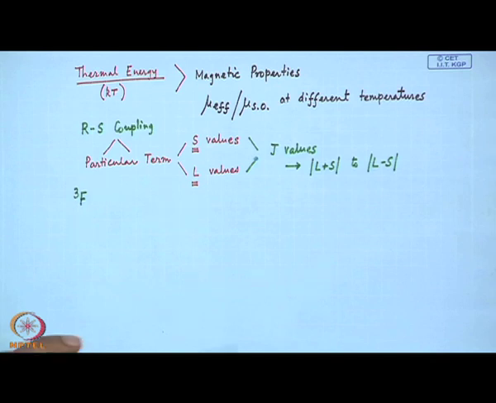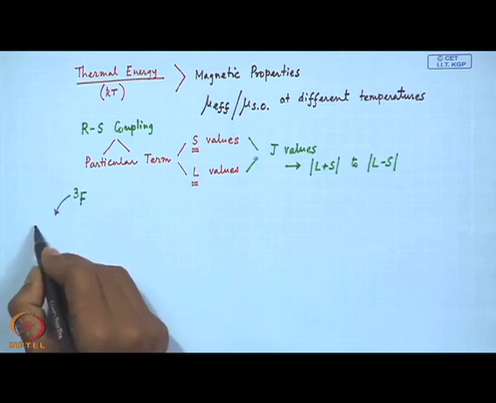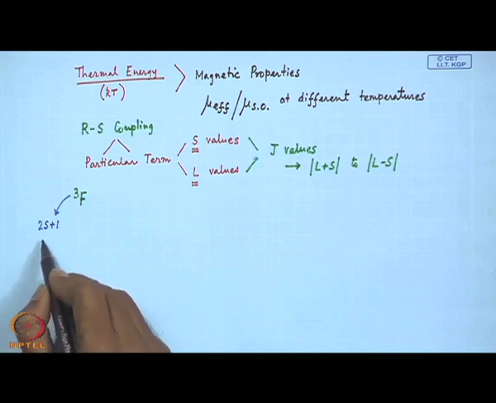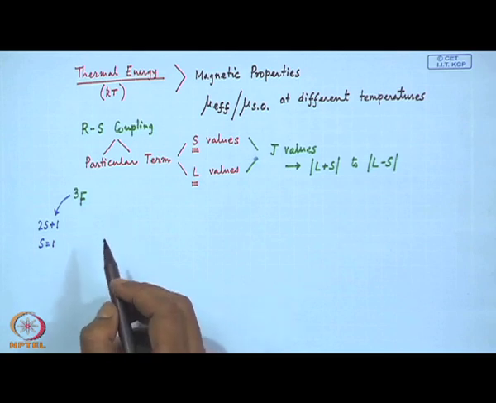So, if we have a ground state term of 3F, we now know what the values are. The 3 is the spin multiplicity, which is 2S plus 1. Therefore S is equal to 1 for a spin multiplicity value of 3.